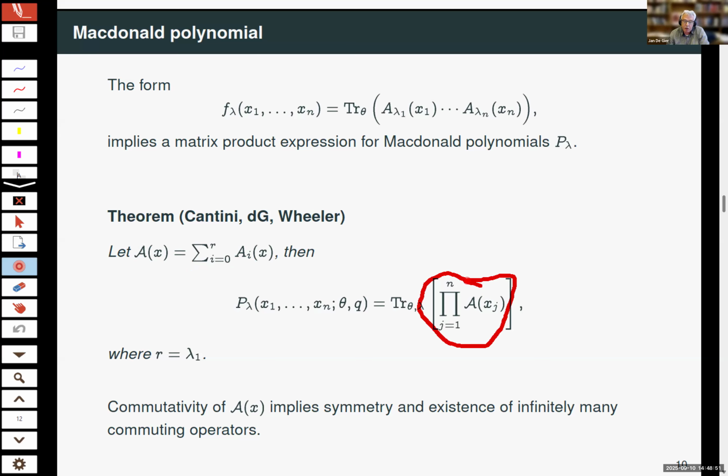It's just a stack of commuting row-to-row transfer matrices, and then take a trace over the cylinder. I get my Macdonald polynomial. So these curly A's commute, and that means this polynomial is symmetric. That's sort of the statement.